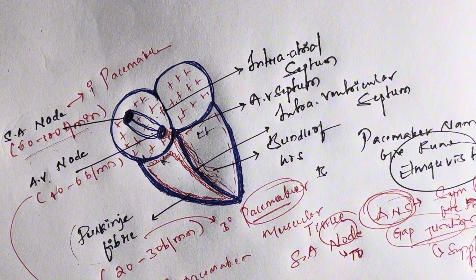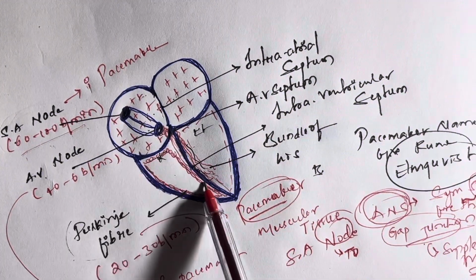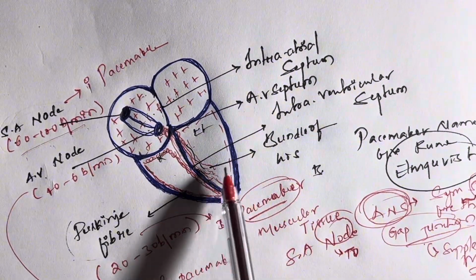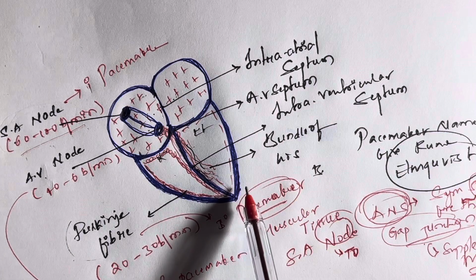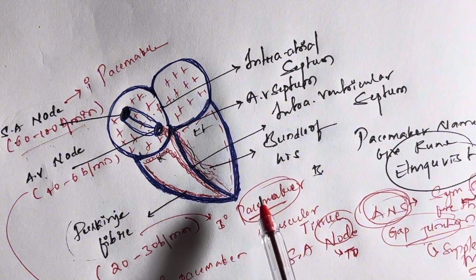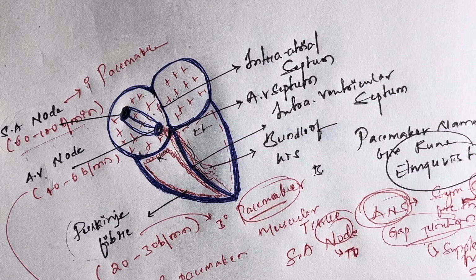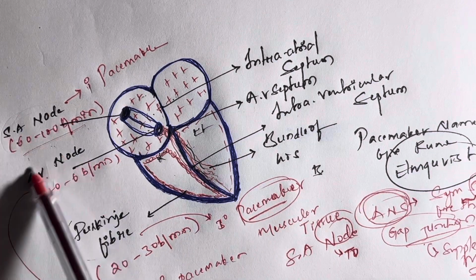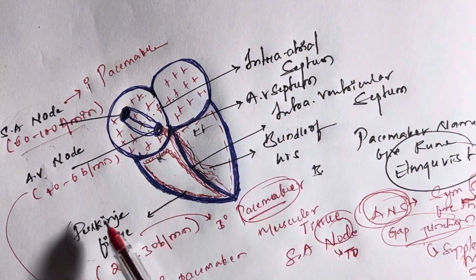The bundle of His is present in the interventricular septum and is also made up of muscular tissue. The location of the Purkinje fiber is inside the ventricle, and it is also composed of muscular tissue. This is the tertiary pacemaker. Once again I will repeat: the SA node, AV node, bundle of His, and Purkinje fiber.